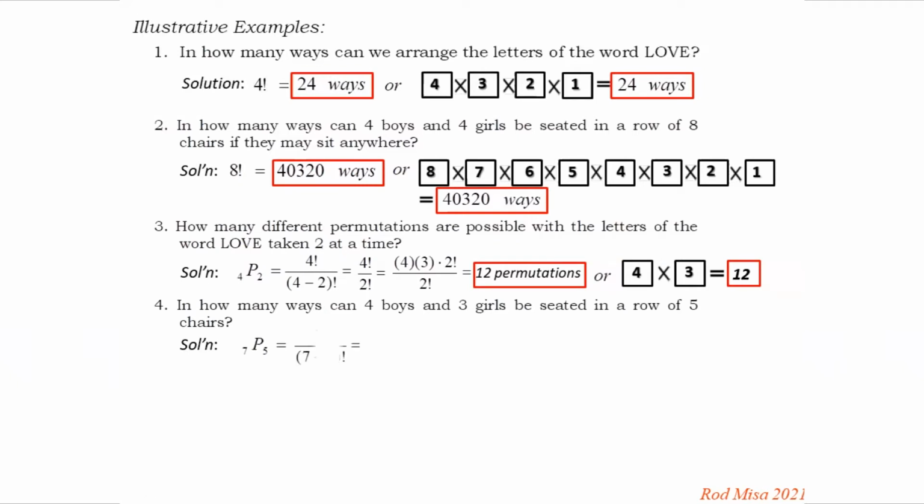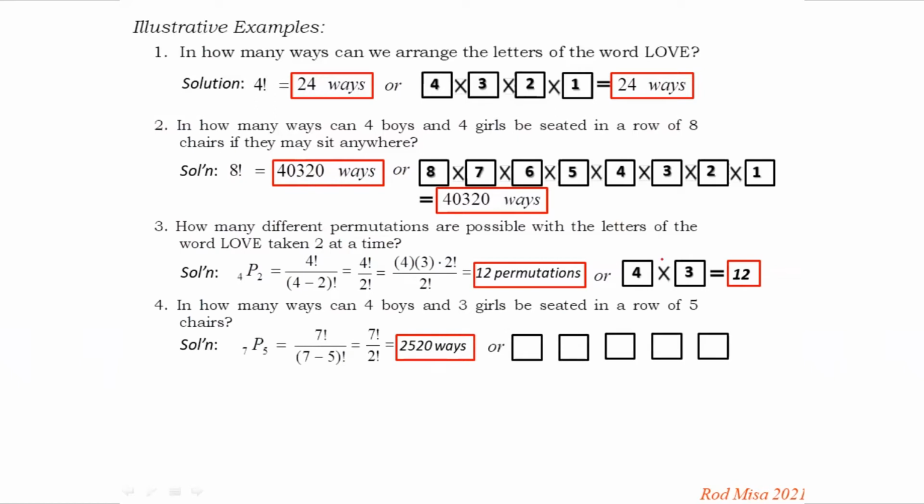So this is 7 factorial divided by 7 minus 5 quantity factorial. And we know that 7 minus 5 factorial is 2 factorial. So this is 7 factorial divided by 2 factorial. And 7 factorial divided by 2 factorial is equal to 2,520 ways.